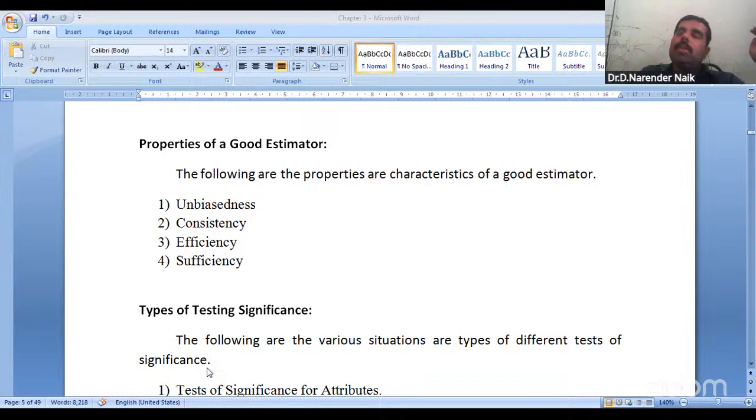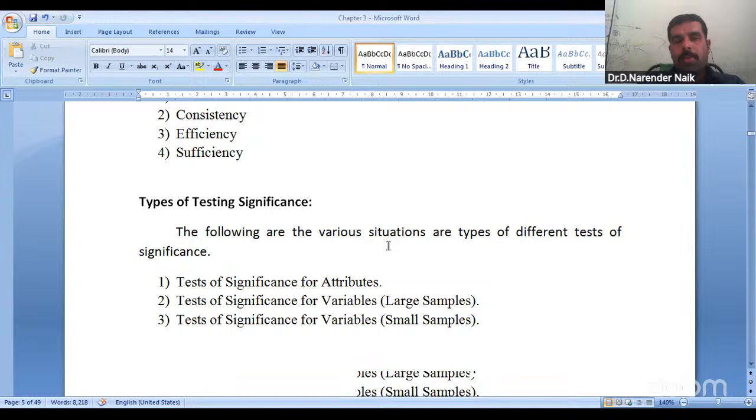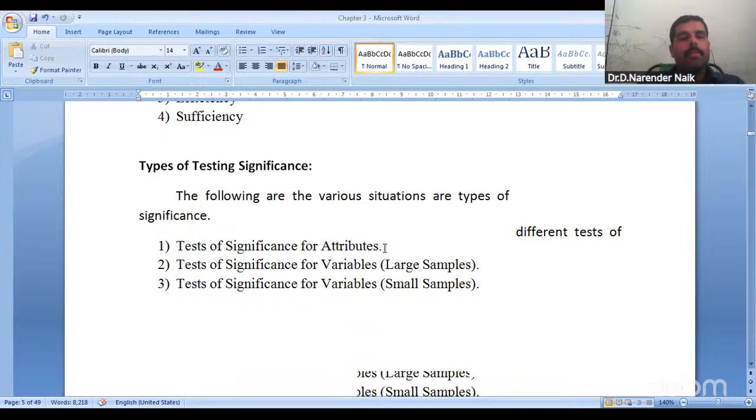And efficiency. Efficiency means here, with little effort, we need to do more; we should get more result. Sufficiency. Sufficiency means according to our requirement, we should develop a sufficient situation or sufficient problem or sufficient information we need to gather.